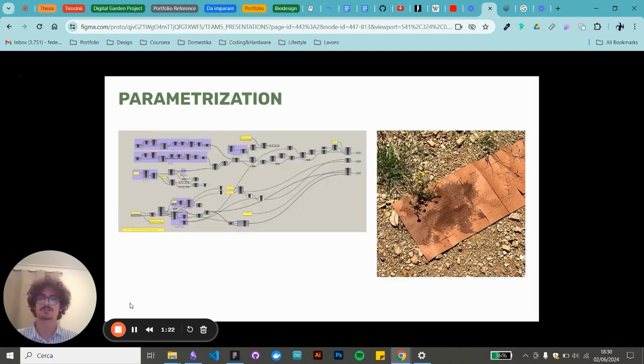The main algorithm to generate the sheet is made using Grasshopper, a visual programming tool for making parametric structures. The parametrization of Biomat permits custom sheets made for different terrains and plants, with a pattern that changes depending on the parameters that the user inputs.